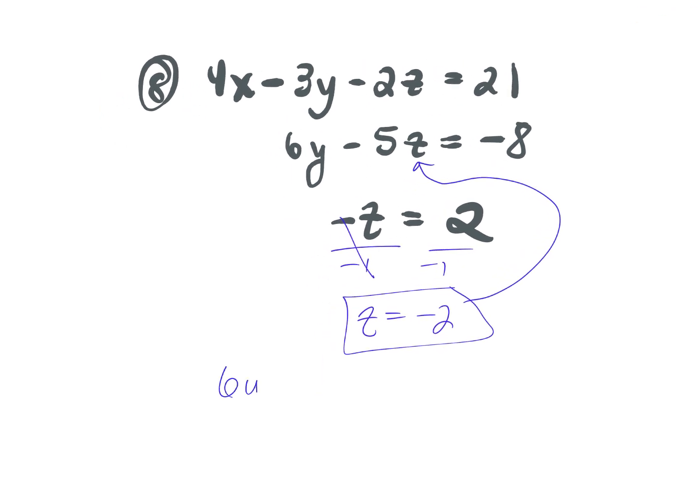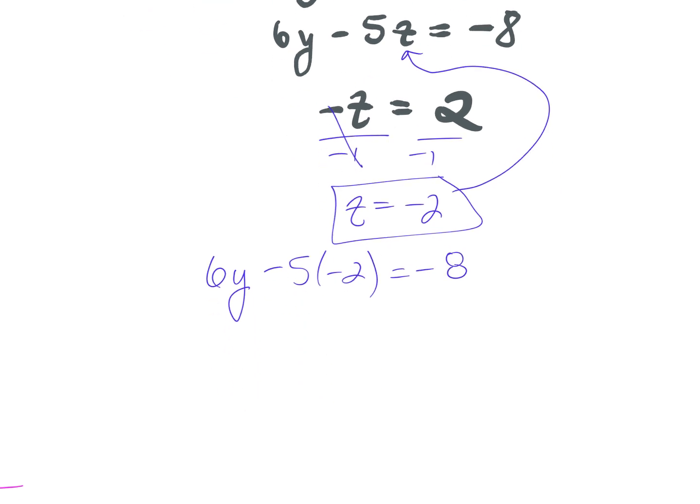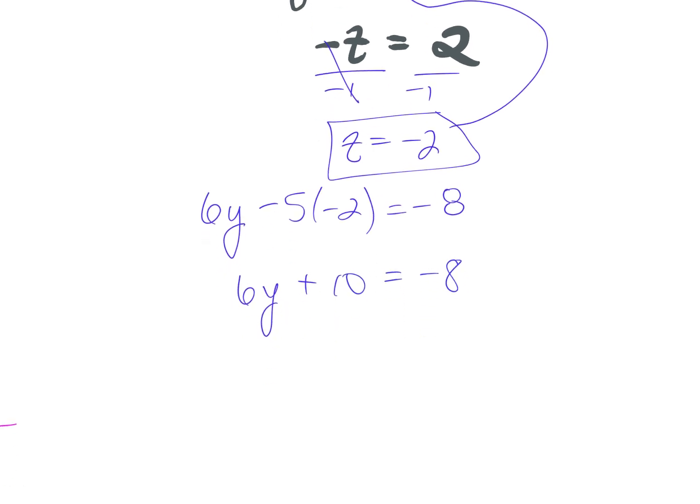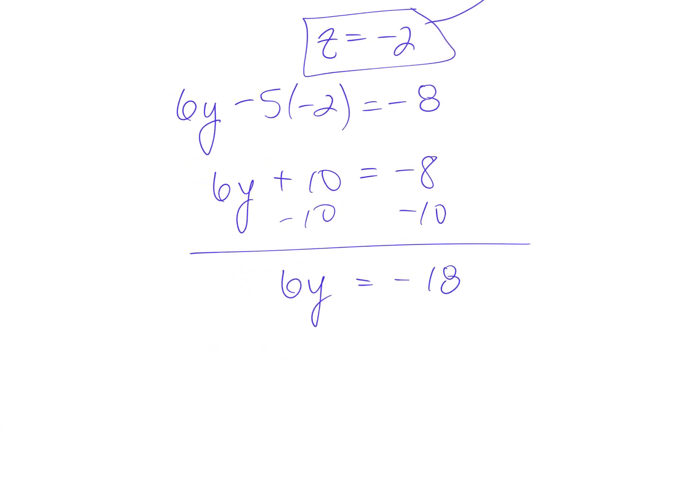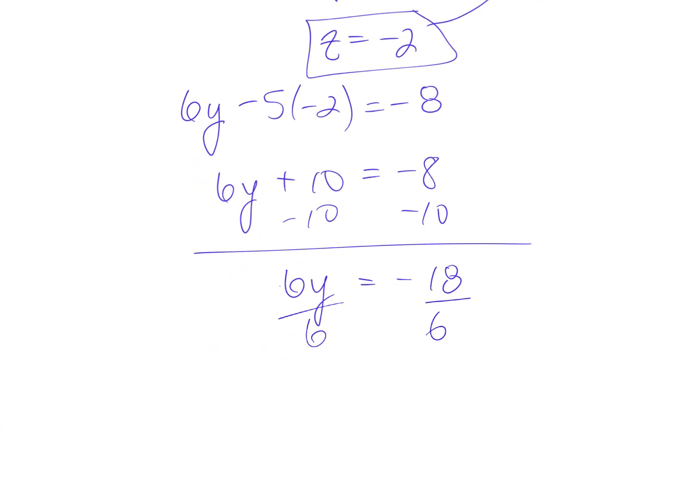So 6y minus 5 times negative 2 equals negative 8. 6y plus 10 equals negative 8. So what do I do to both sides? Subtract the 10. So 6y equals negative 18. Divide both sides by 6. And y equals negative 3. Perfect.